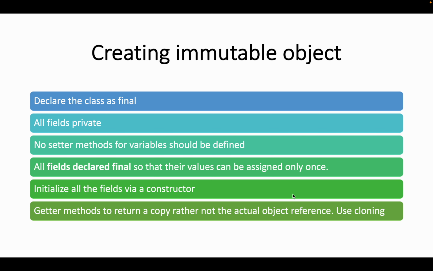Then initialize all those fields via a constructor. And then have getter methods. And those getter methods must return a copy rather than an actual object reference. And for that, you can use cloning. You clone an object. And then there are several ways. There is a way to do what we call object cloning.